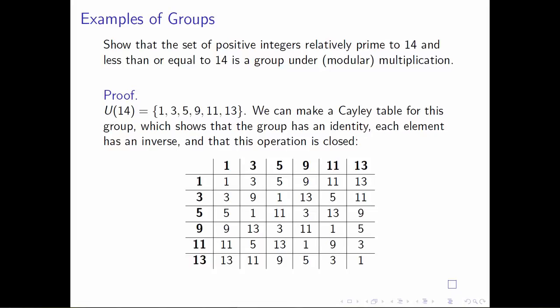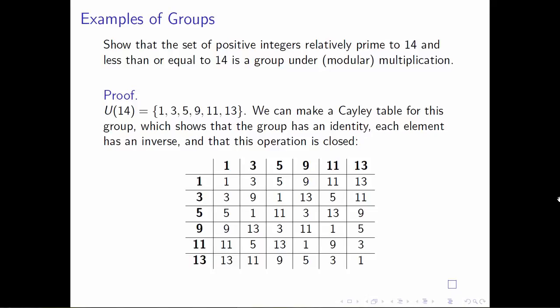So for instance, when I come down to this third row, which is indexed by the number 5, and then I go over 2 columns, I look at the entry in row 5, column 3. What I put here is the result 5 times 3. What I put in 3 times 5 would be sitting here with 3 first and then the 5 second.